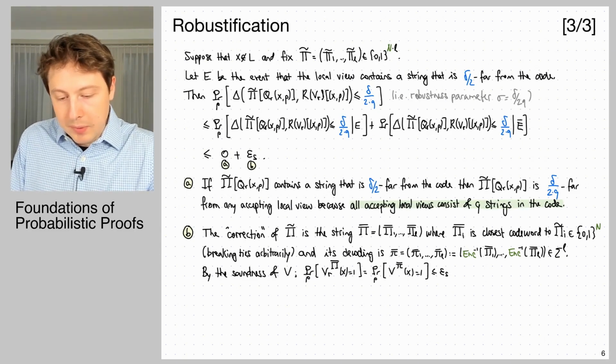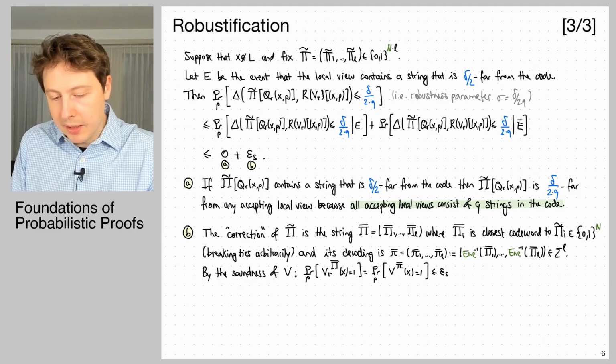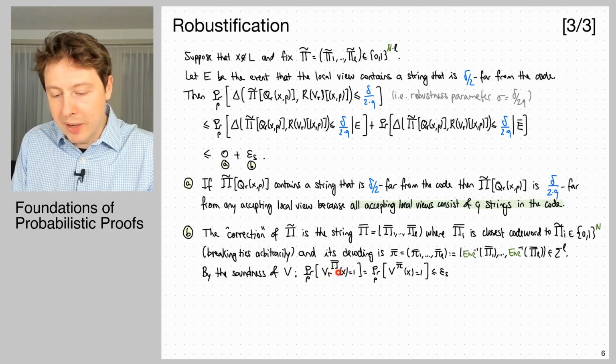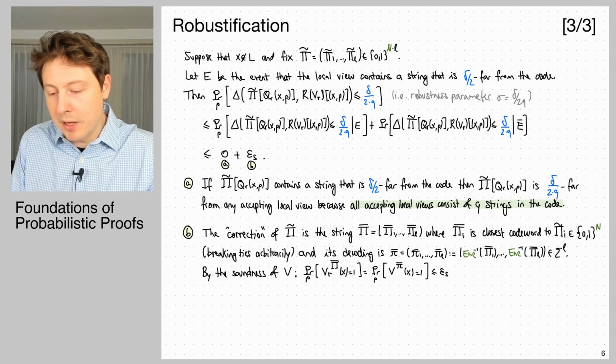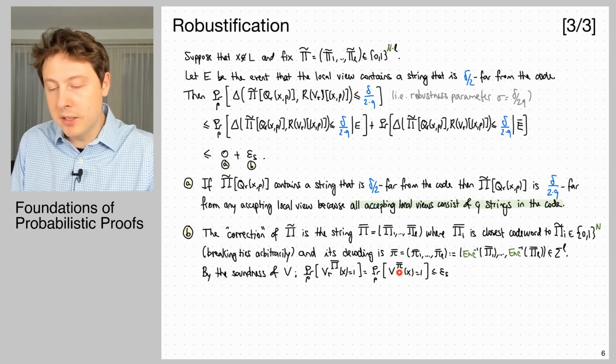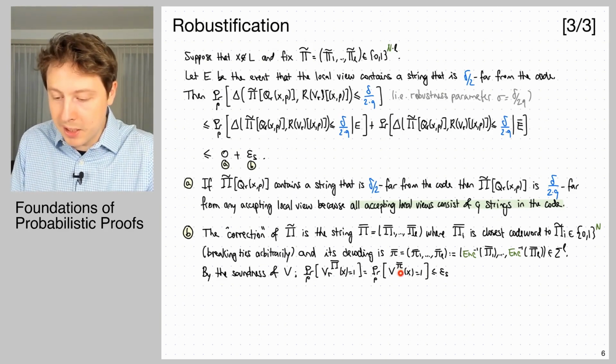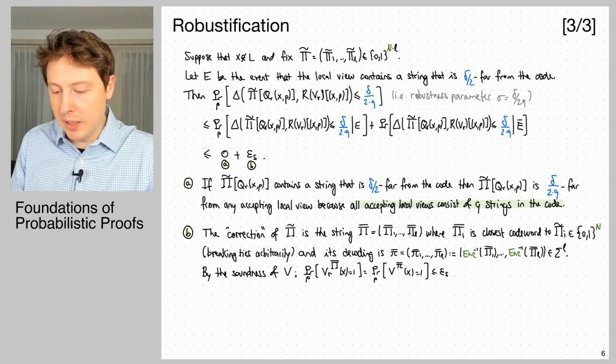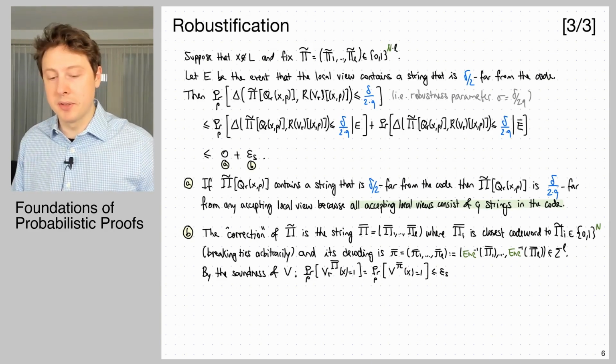So look, by the soundness of V, the probability that I run my new verifier given this corrected proof is the same as if I run my old verifier with this inner proof system, inner PCP. And because we are in the no case, the soundness case, this probability is at most epsilon s, right?